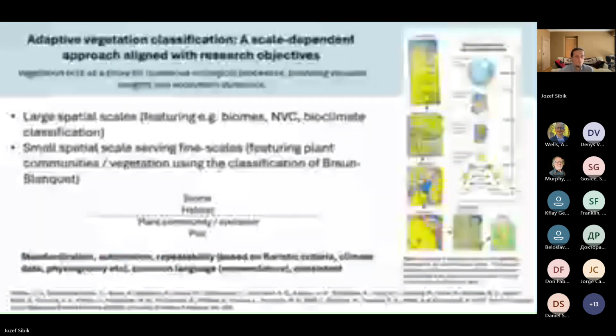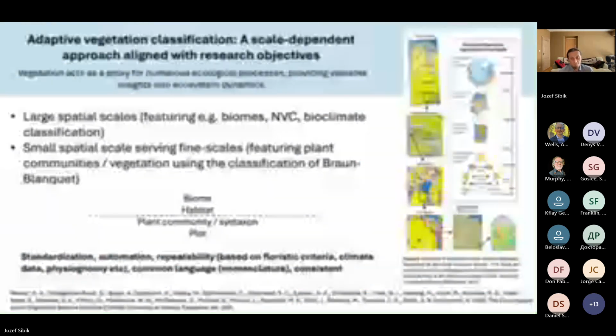And what is important, according to our discussions, is to know what our goals are. So we have to create some adaptive vegetation classification that is scale dependent. And this scale depends on research objectives.